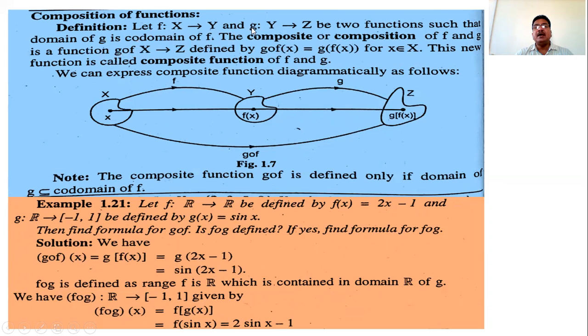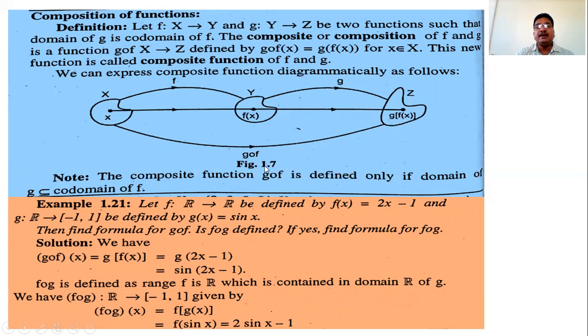Actually this is the composition of f and g, but we write g first and then f. It is a function from X to Z, since f is a function from X to Y, and g is a function from Y to Z. Then the composition of f and g is denoted by g circle f, and is a function from X to Z.